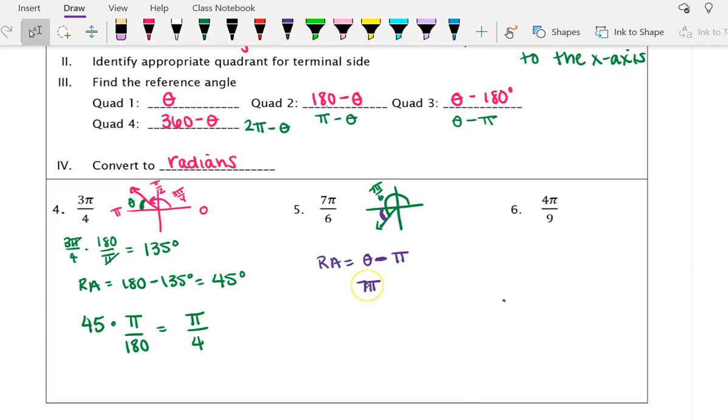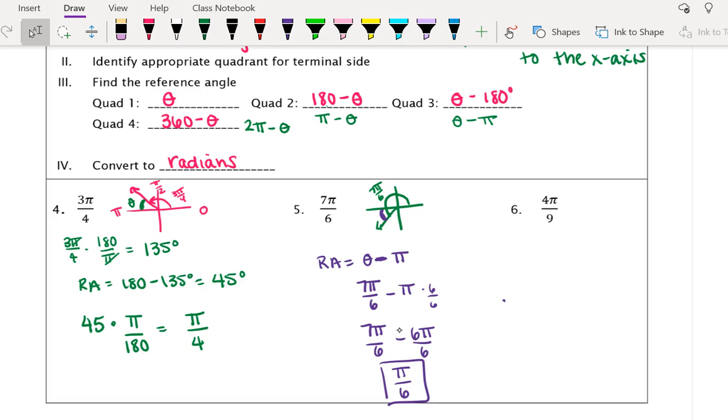So 7 pi over 6 minus pi. Well, I need a common denominator, so let's multiply this by 6 over 6. So I get 7 pi over 6 minus 6 pi over 6, which is just 1 pi over 6. And there's your reference angle. That wasn't so bad, right?